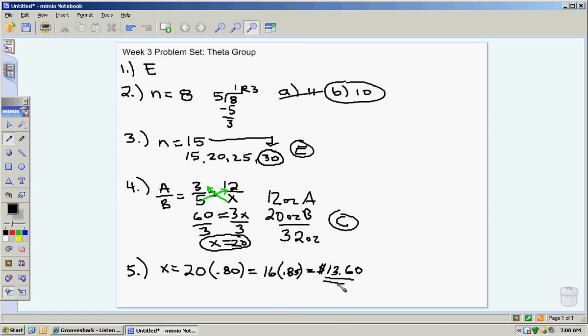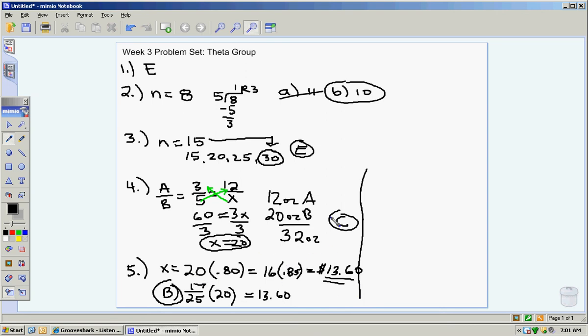To save your time, when you do B, 17 over 25 times 20, you get 1360. So B is the correct answer for 5. You didn't necessarily have to choose a value there, but we're working on those skills, so let's keep practicing them as we go through.